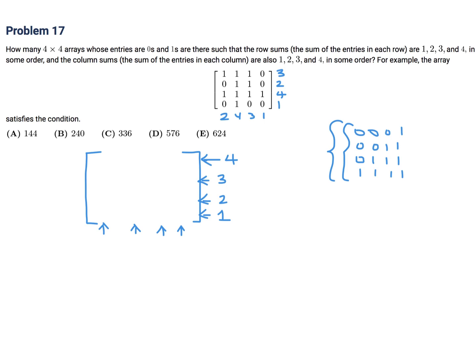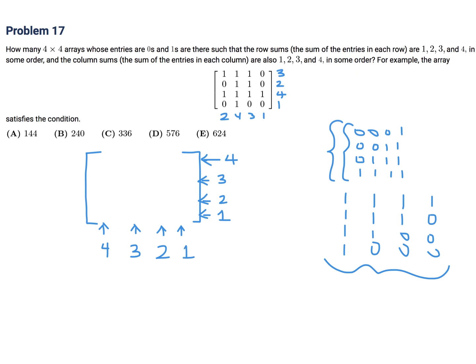If you were looking at it from a vertical perspective, it's the same kind of story. It's going to be like either that, or like this, or like that, or like this, and whatever variations exist. So for the first column, you also have 4 choices, and then you have 3 choices from this group, and then 2 choices, and then 1 choice.